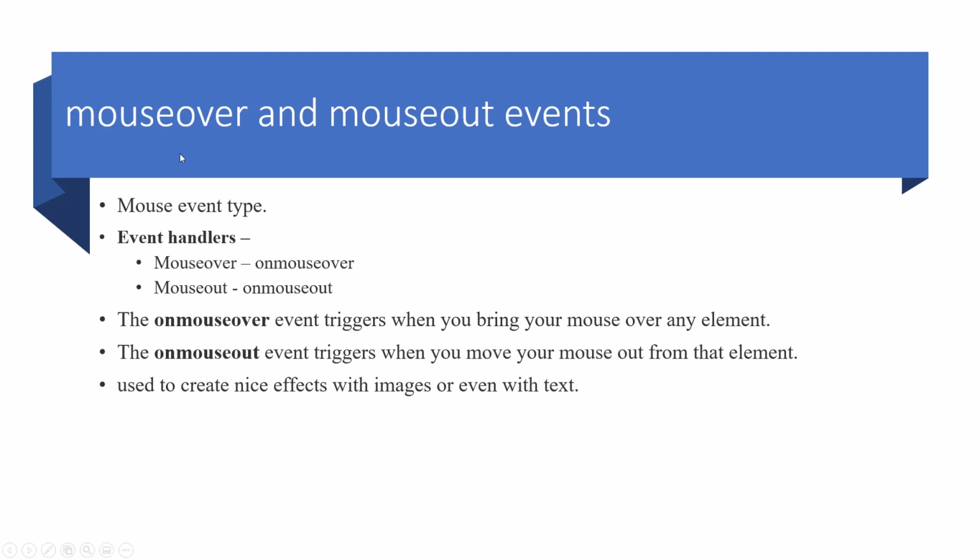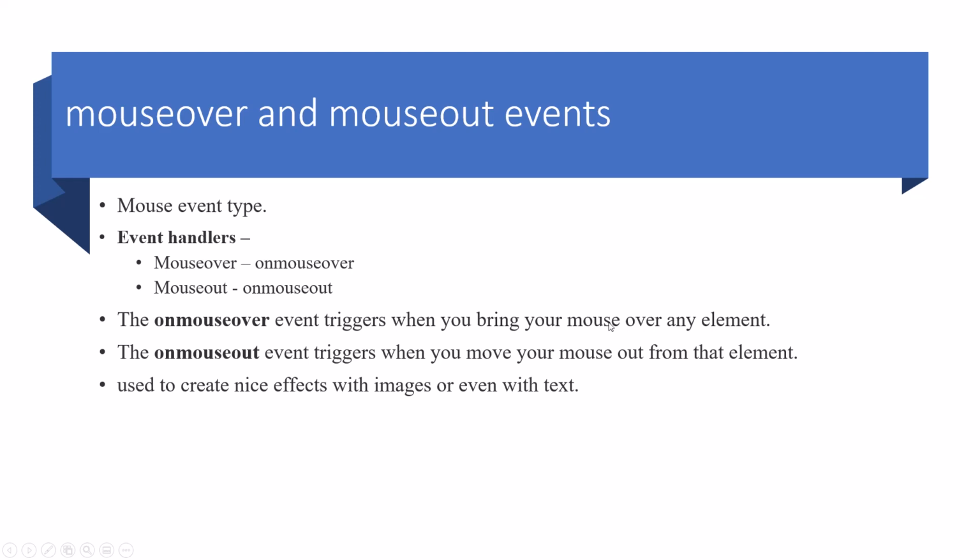The second one is mouse over and mouse out events, which is a type of mouse event, and the event handler for mouse over is onmouseover, and for mouse out we use onmouseout. The onmouseover event triggers when you bring the mouse over any element, and the onmouseout event triggers when you move your mouse out from the element.